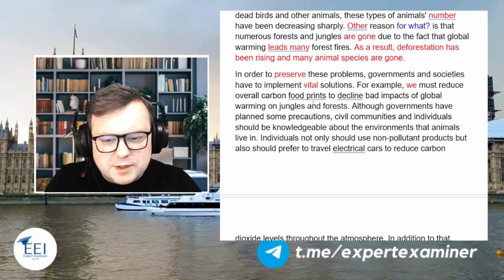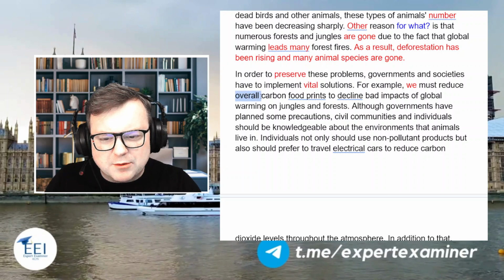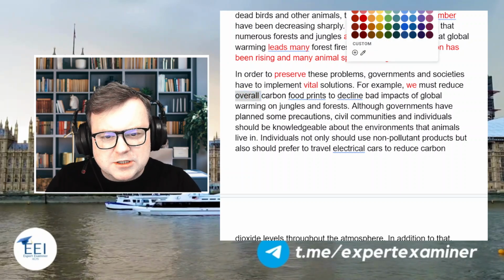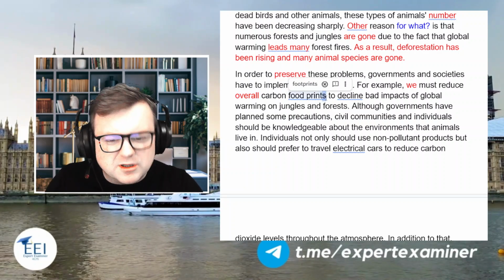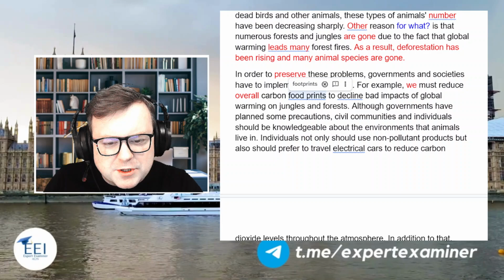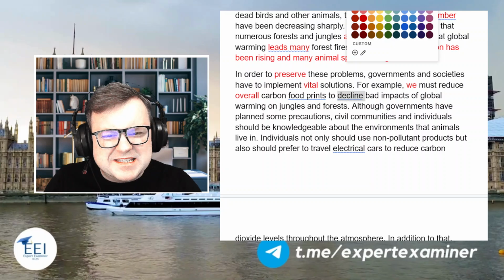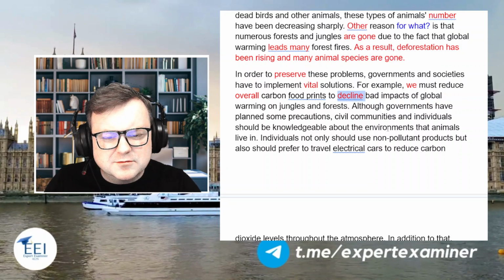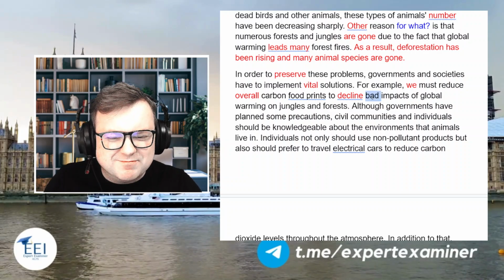For example, we must reduce our overall carbon, whose, my, your, his, her. We must reduce our overall carbon footprint. Okay, footprints maybe. One word should be, but okay. Footprints to decline. Don't know if you can decline something. Reduce maybe. To reduce bad impact.